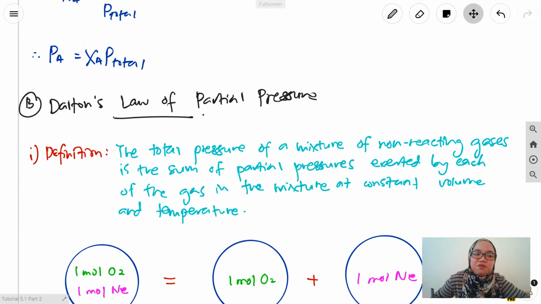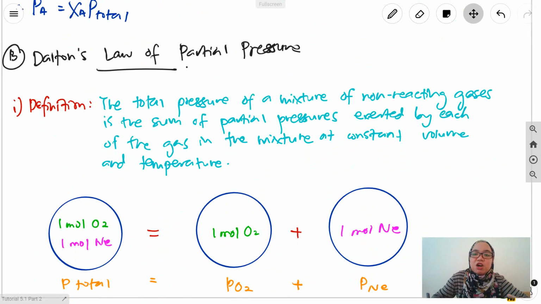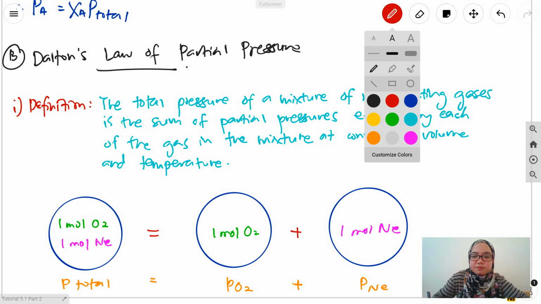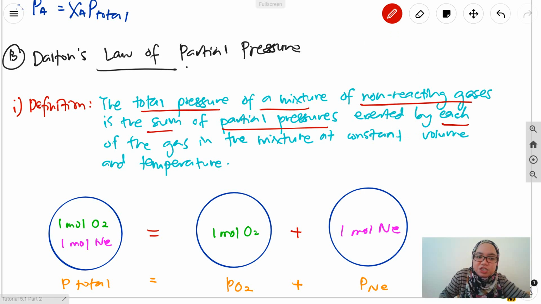So the definition for Dalton's law states that the total pressure of a mixture of non-reacting gases is the sum of partial pressures exerted by each of the gases in the mixture at a constant volume and temperature. Okay, what does it mean by that?